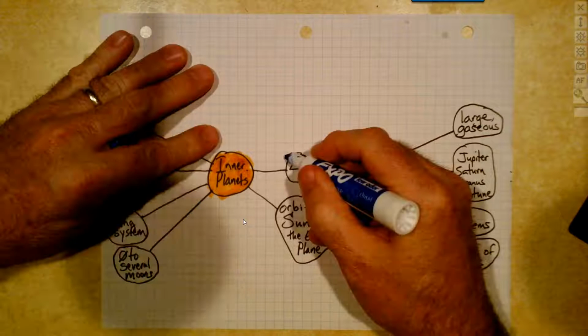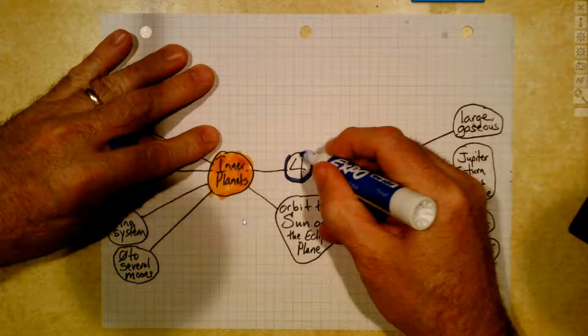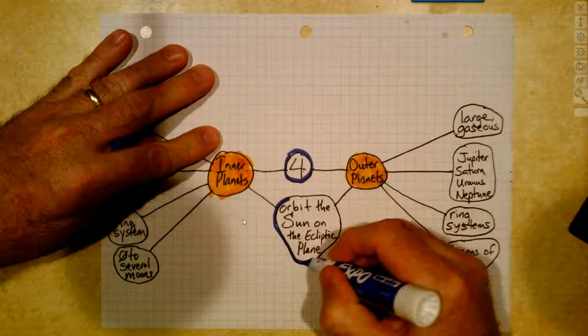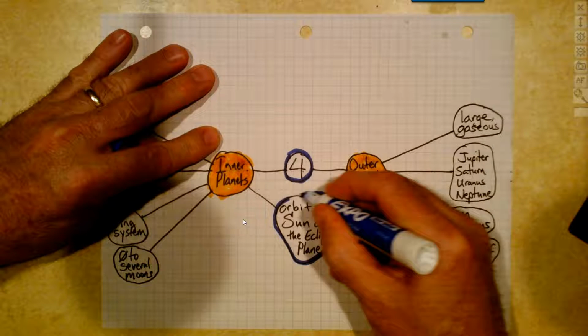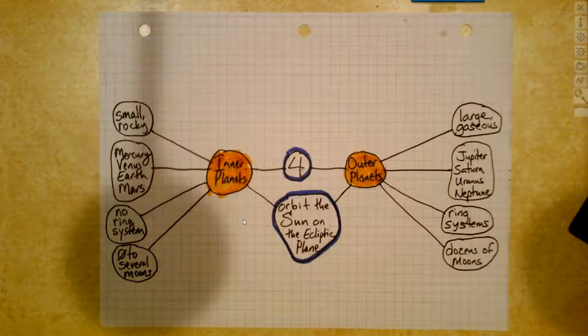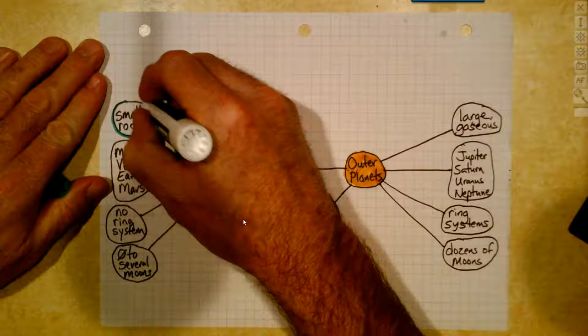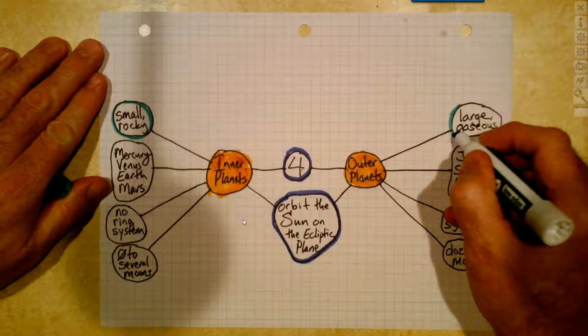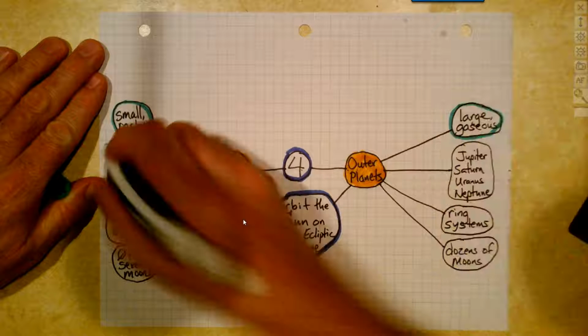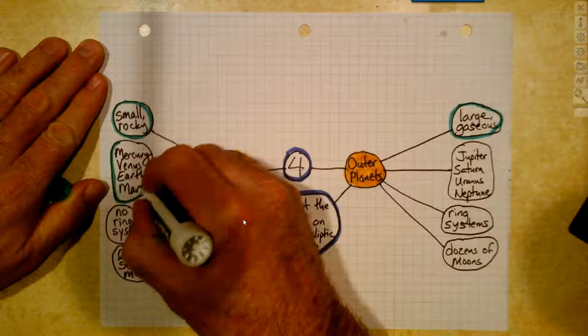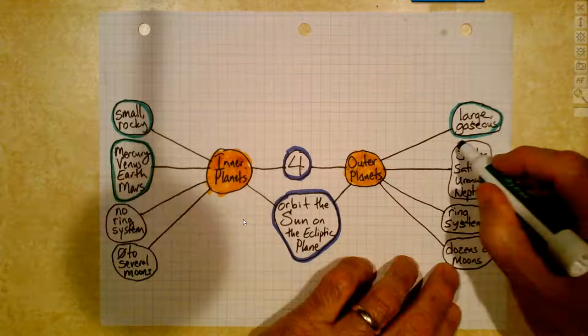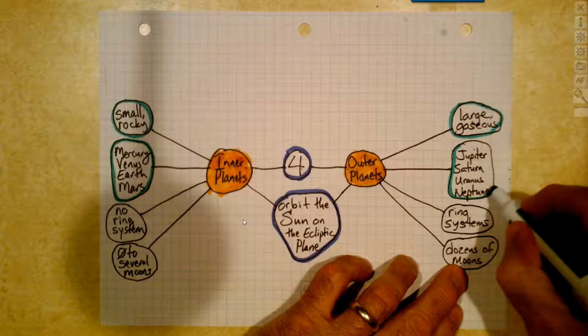So we could use our marker here and outline the center, the similarities, in blue, and maybe the differences in green. And you see it starts to take on some real clarity about what's happening on the page here.